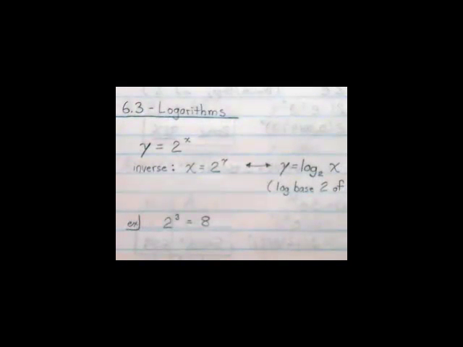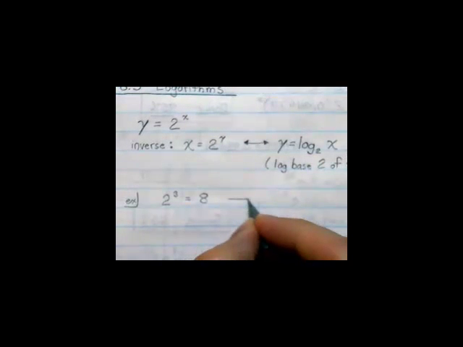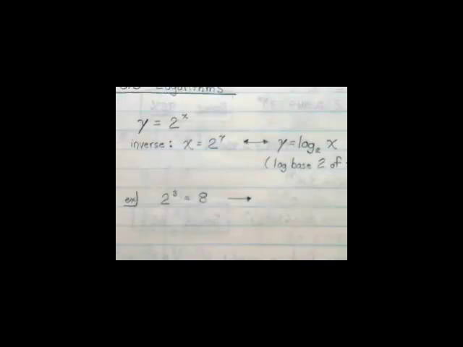So if I have 2 to the third equals 8. Now they're all numbers, there aren't any variables in there this time, but it's still an exponential type equation, right? 2 raised to the third power equals 8. So I can take that and write it as a log equation instead. So what would that look like then?